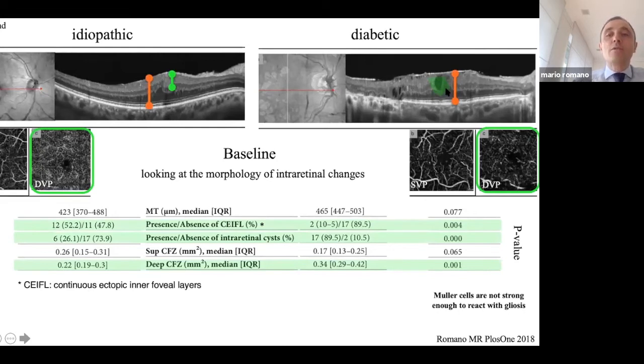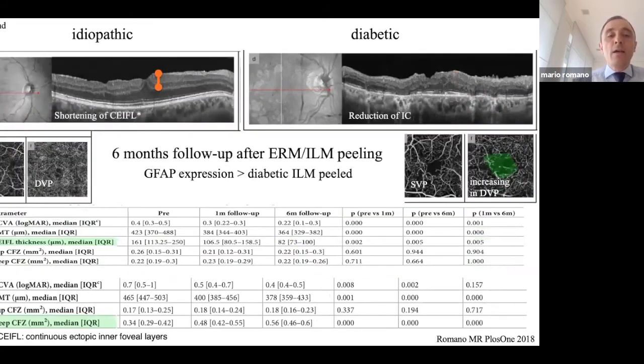This is because the Muller cells are not healthy as in idiopathic form. So the GFP expression was higher after peeling in diabetic one because we can induce a damage during the peeling of ILM, damage of Muller, and so we can get more GFP on our ILM peel.